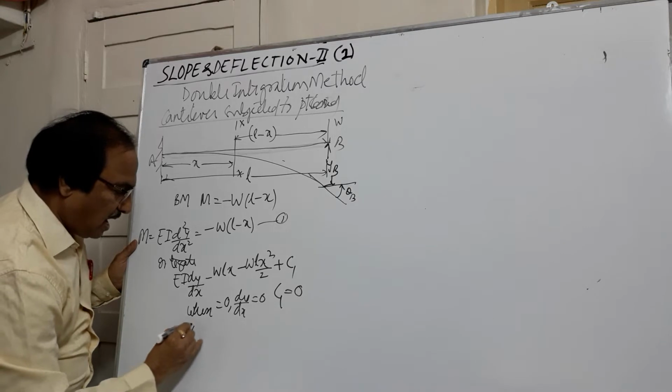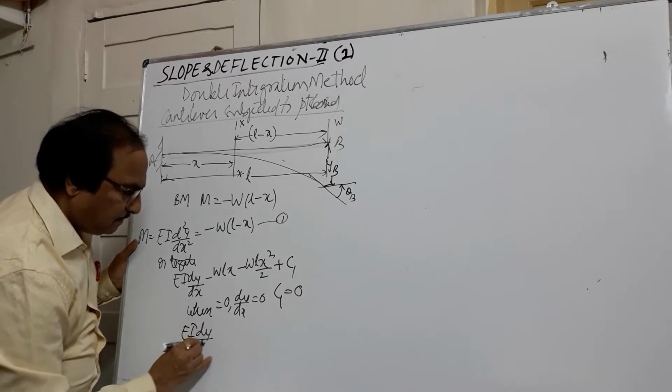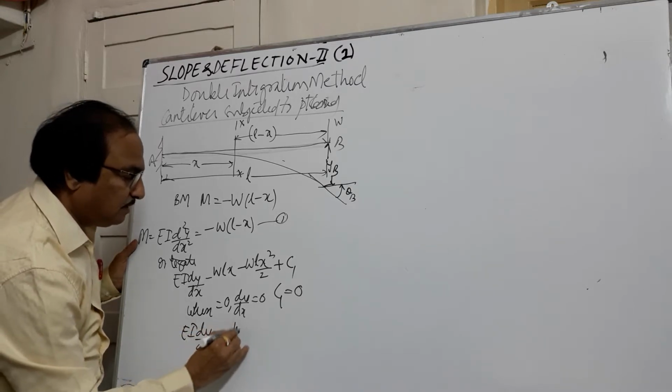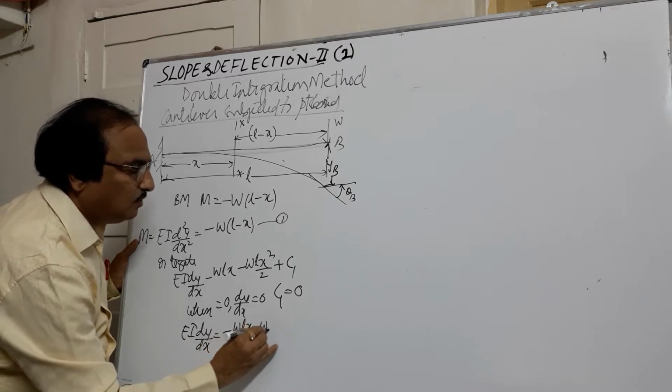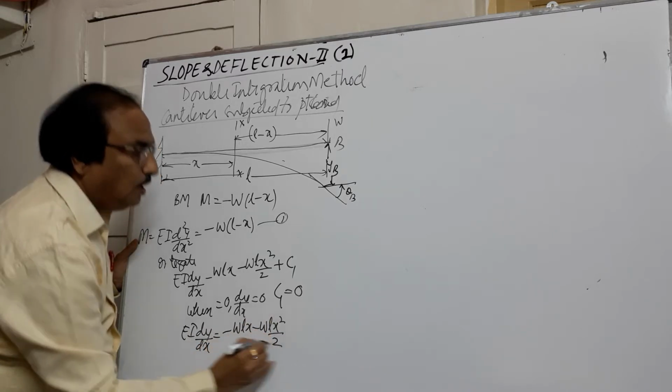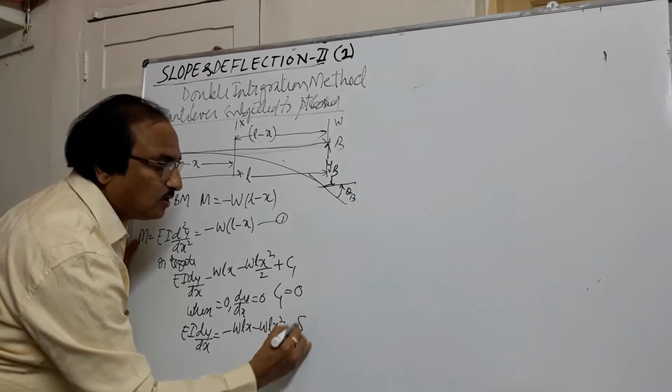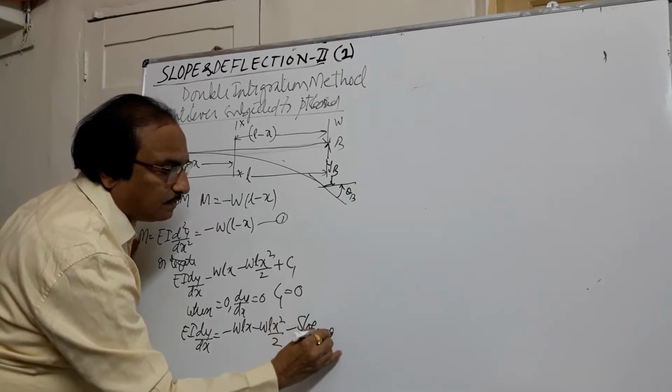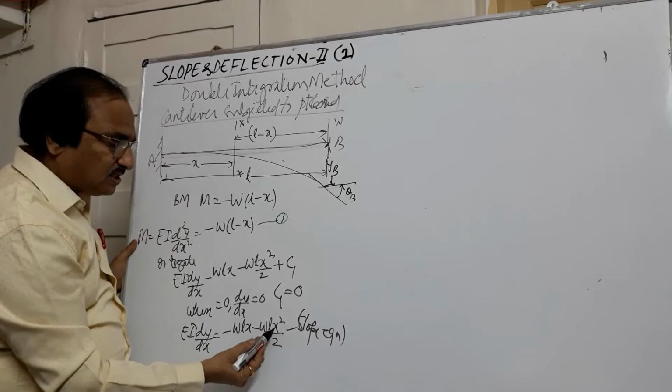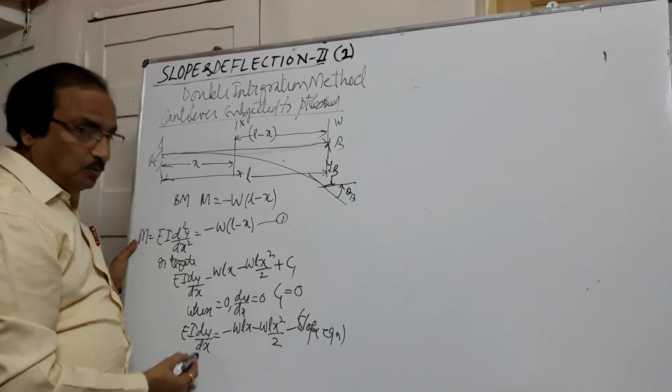So EI dy by dx is equal to minus W L x, minus W x square by 2, plus 0. This equation we call the slope equation. At any distance x, you can find the slope.